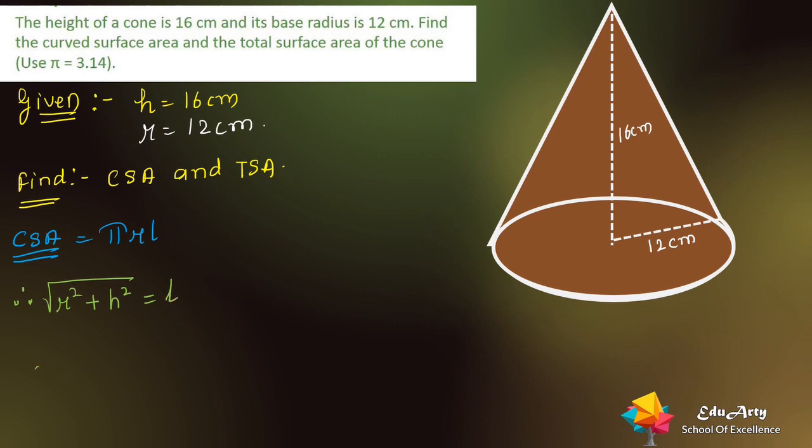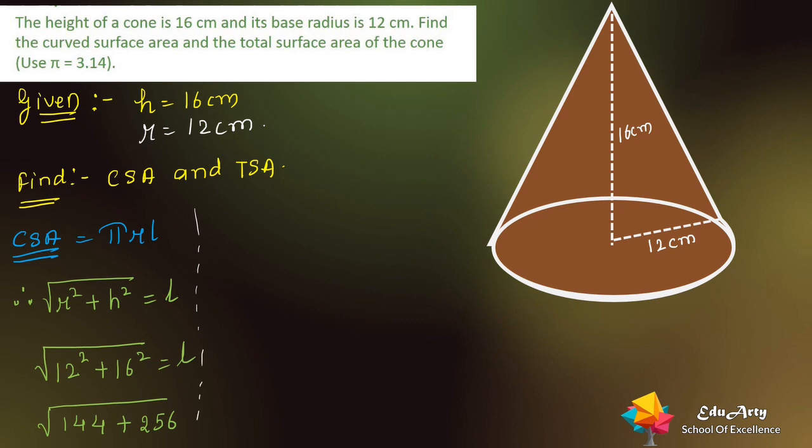So let us figure out what that is. r square is 12 square plus h square, that is 16 square, that will give you L. So 12 square is 144 and 16 square is 256, correct? So that will give you how much?